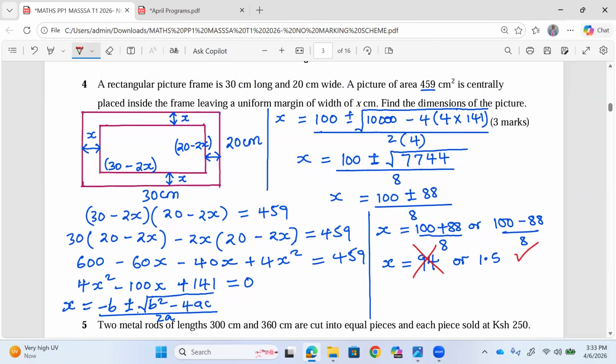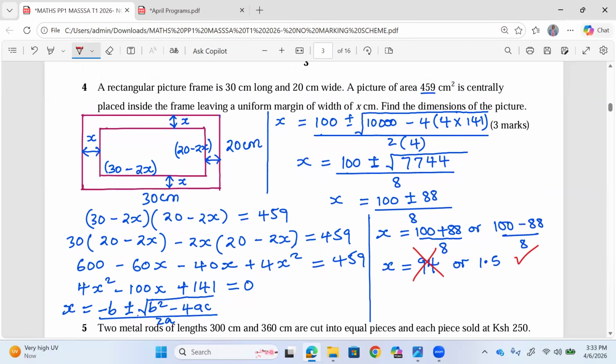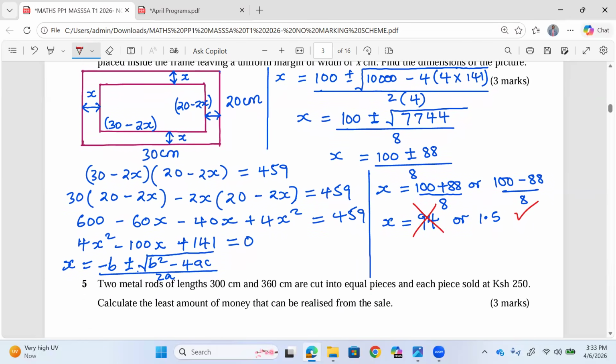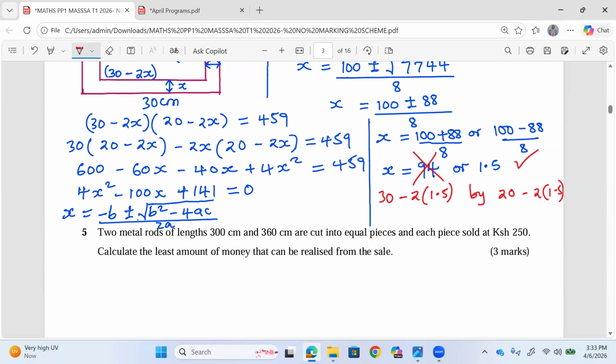Therefore, the question is the dimensions of the picture. So the picture which is inside now is measuring 30 minus 2 into 1.5 by the width, which is 20 minus 2x, which is 1.5. So what is 30 minus 3? Is it 27?